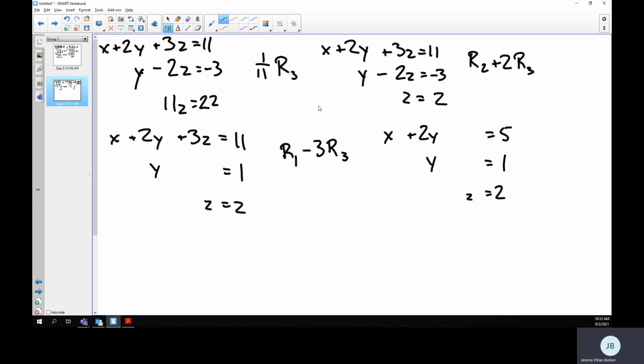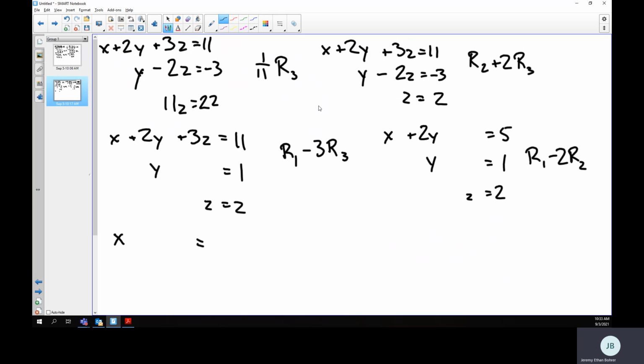Finally, we subtract 2 row 2 from row 1. And this will be our final step, and we'll have our solution. If we take 2 times y from 2y, that gives us 0. So this is just x on the left.